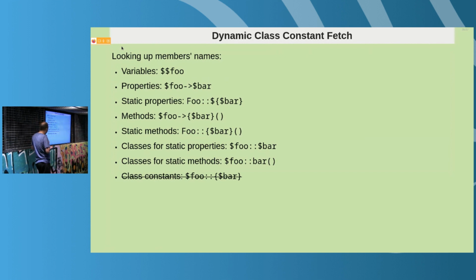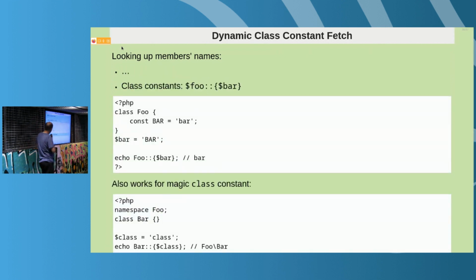You can do it for methods, for static methods, for classes with static methods, but you couldn't do it for class constants, which seems a bit arbitrary. So you can guess what's on my next slide now, I guess. PHP 8.3 will now introduce this syntax for class constants as well. So you can now do curly brace opening, the name of your class constant, and it just works.